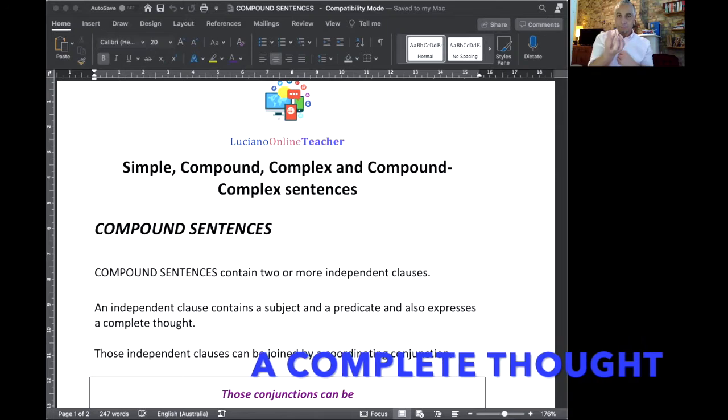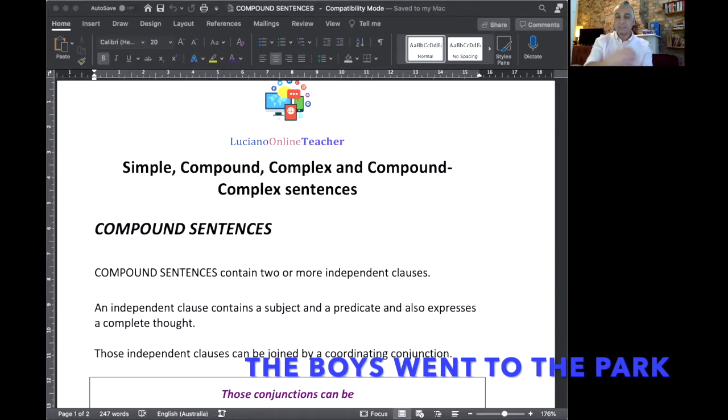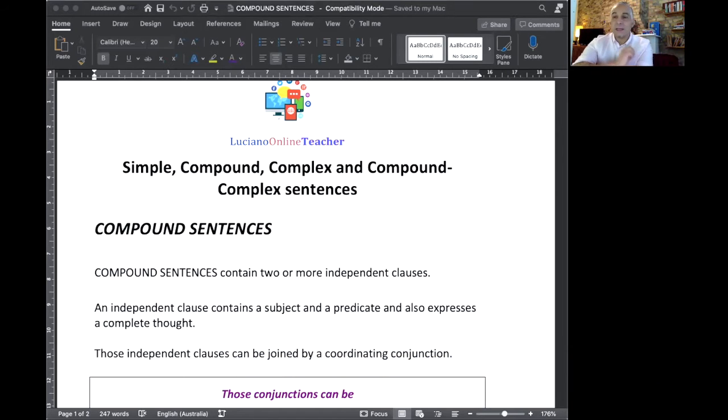It stands by itself. So in very, very simple terms, a sentence like, for example, the boys, subject, went to the park. That's a complete idea. It's a complete sentence, and that is a simple sentence. Subject, predicate. So a simple sentence expresses this complete thought.